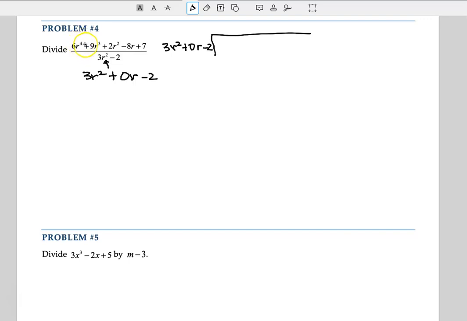So it starts with the power of 4, power of 3, power of 2, and then there will be a power of 1 there. It's kind of like an invisible 1, and then our constant term. So we don't need to put any zeros on this on the inside. Let's just write this down like it is. So 6r to the 4th plus 9r cubed plus 2r squared minus 8r and then plus 7.